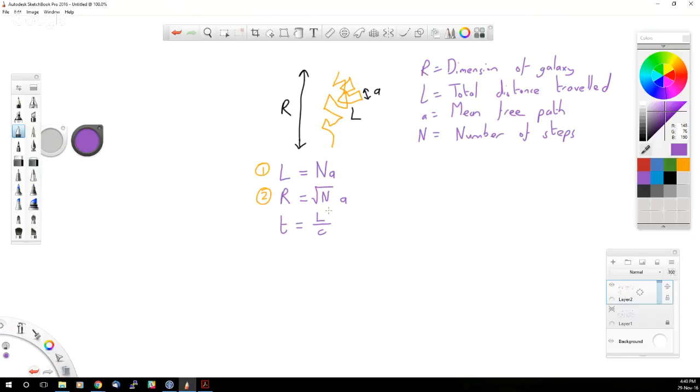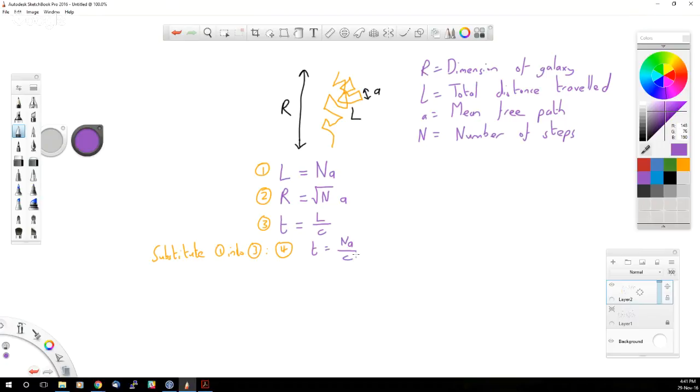And so we can substitute 1 into 3, which gets us our new equation, t equals n a over c.